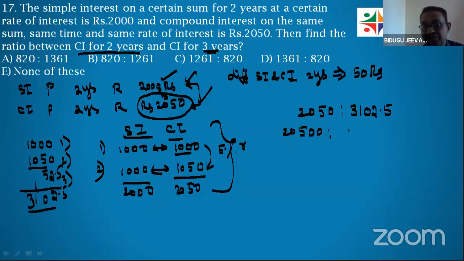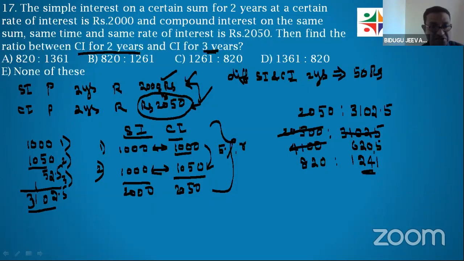20500, because I remove 1.25. Divided by 5. 5 4s are 20, 5 6s are 30, 2, 5. Again 5. 5 8s are 40, 2, 0. 5 1s are 5, 5 2s are 10, 5 4s are 20.